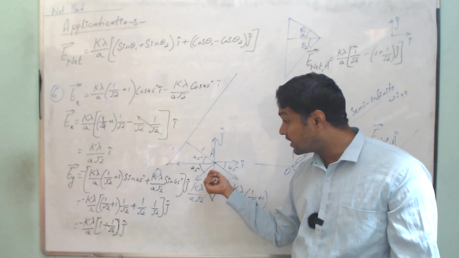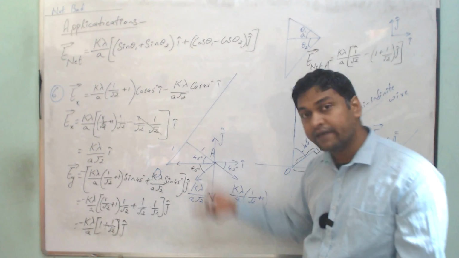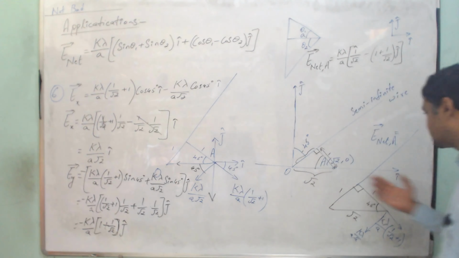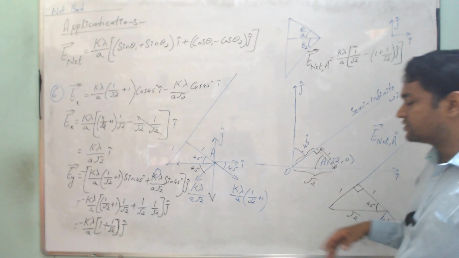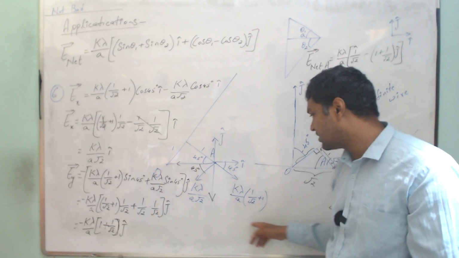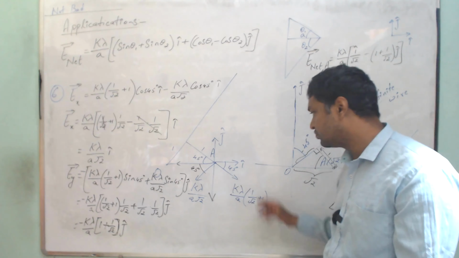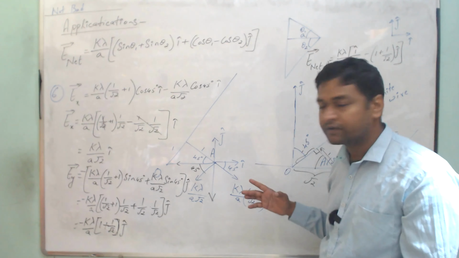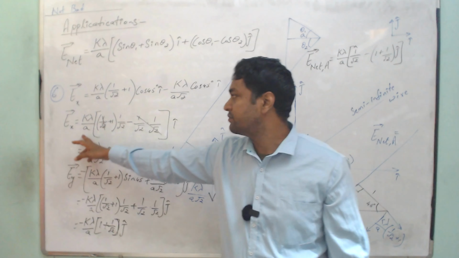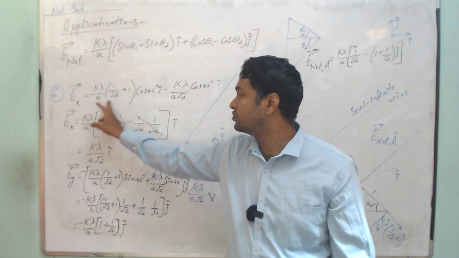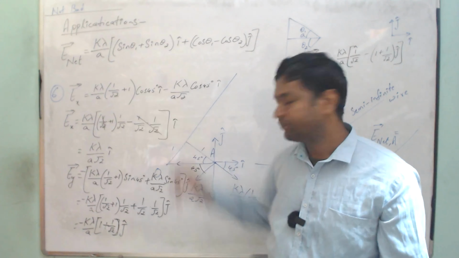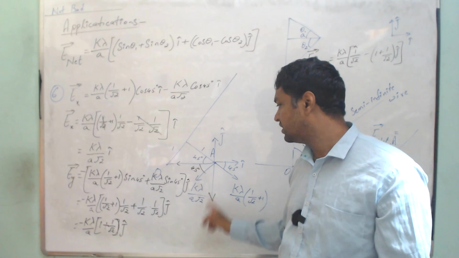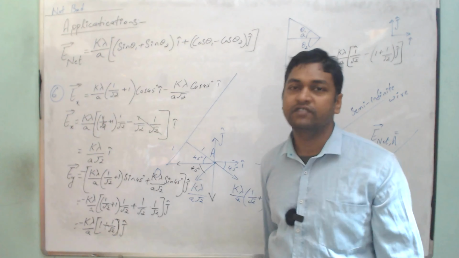Now from here I have to get in terms of my I cap j cap for this question, because he has given this is I cap, that is j cap. So this becomes k lambda by a into 1 by root 2 plus 1 cos 45 I cap, and k lambda by a root 2 cos 45 minus I cap.